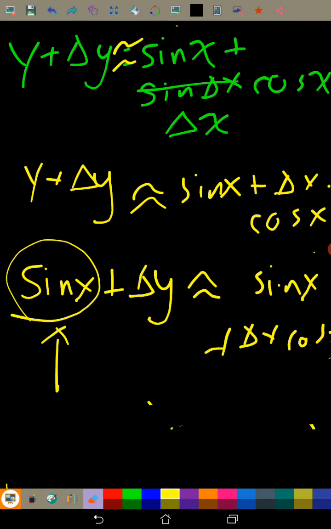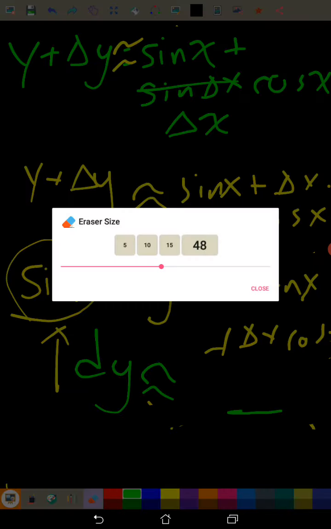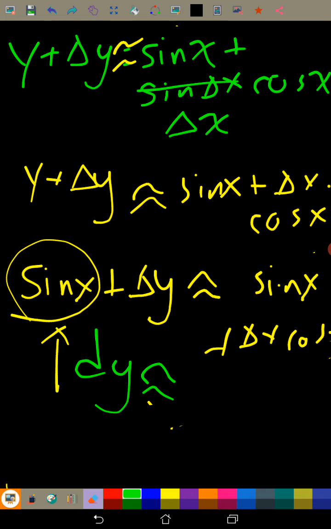So this is y. Y is equal to sine x. Very strange for me to work like this. So dy, or delta y, is approximately... let me erase this. So what is it going to be?